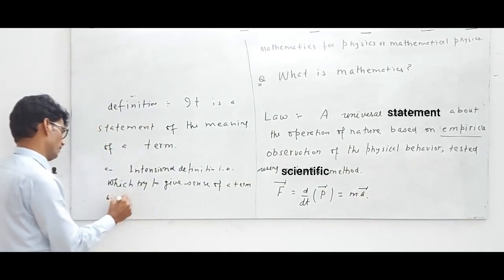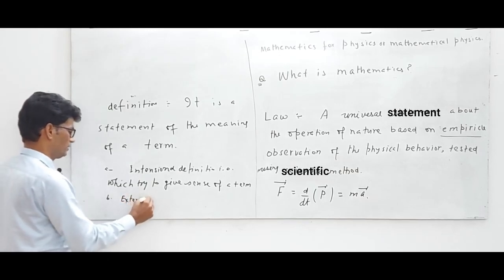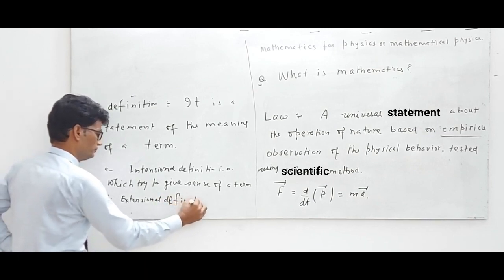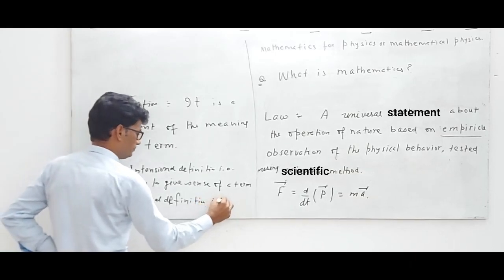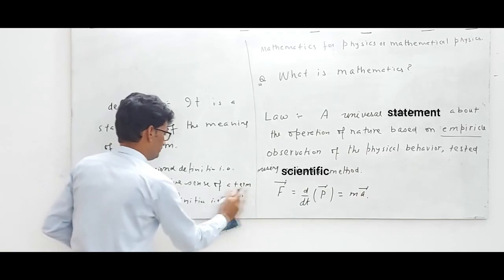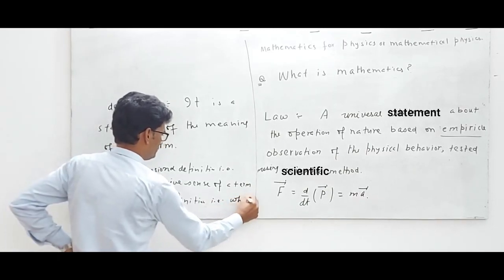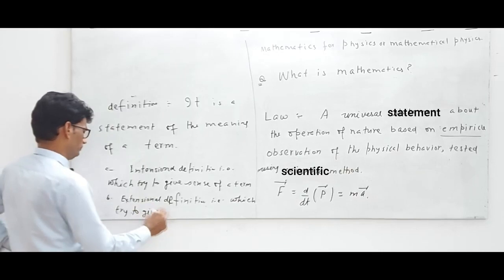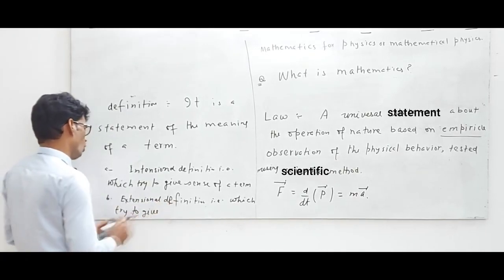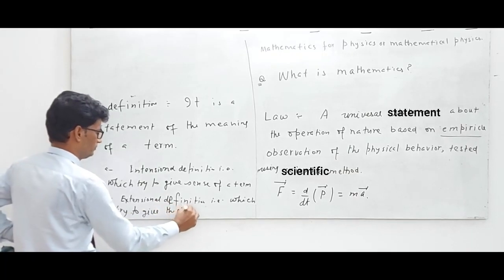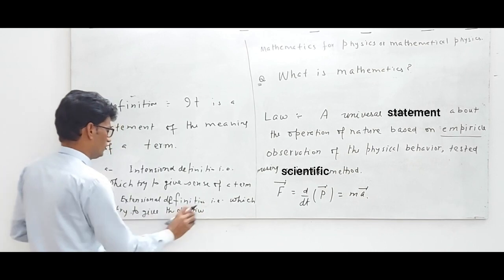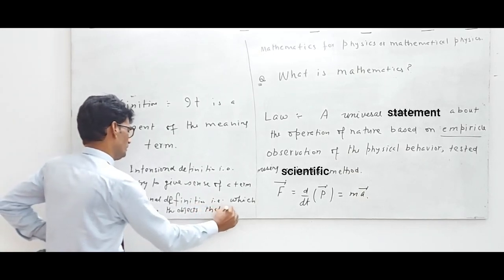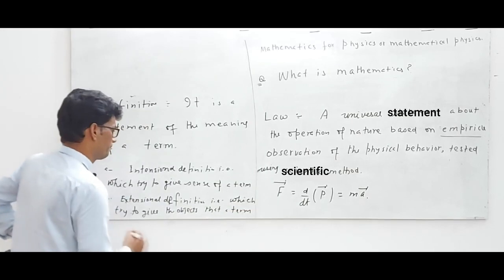Second is extensional definition. That is, which tries to give the objects that a term describes.